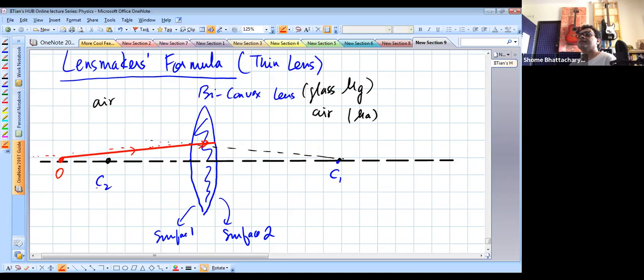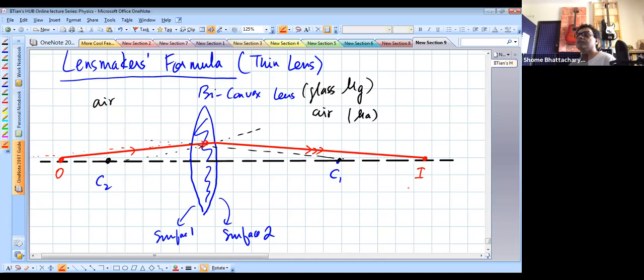And then for the second one, the normal is this line. So this time it would bend away from the normal. So let's assume it bends enough away from the normal to actually make this convergent. It need not be, but let's just assume it's becoming convergent. So this would become the position of the final image.